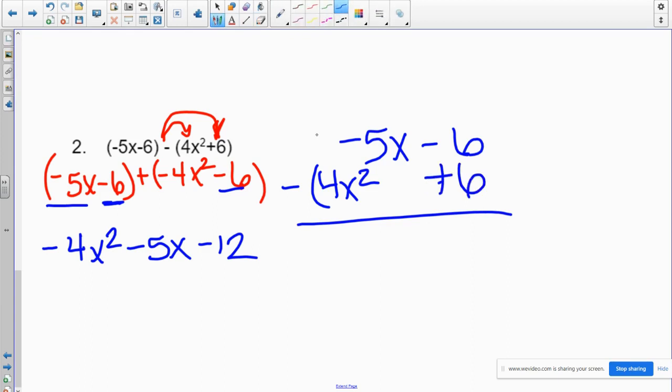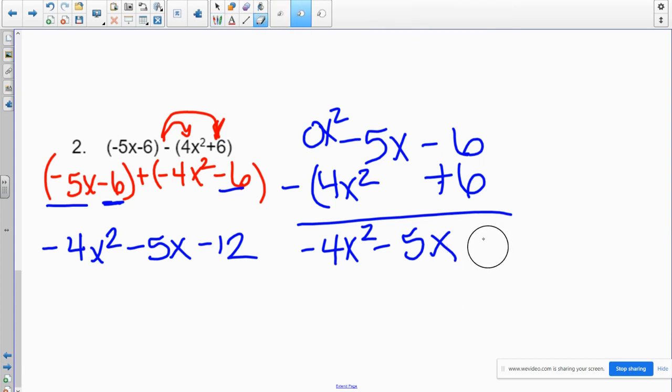Okay, so we have nothing, and if it makes it easier for you, write 0x squared, so nothing minus 4x squared would leave us with negative 4x squared. You have negative 5x minus nothing, so that leaves you with the negative 5x, and then you have negative 6 minus a positive 6 leaves you with the negative 12.